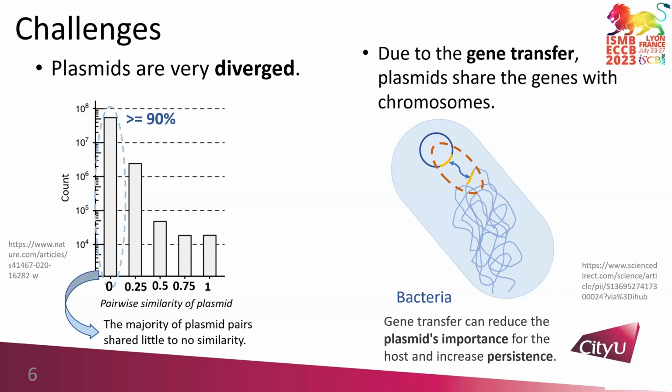The left bar is the number of pairwise alignments which is 0, which means the majority of plasmid pairs share little or no similarity. Another challenge is that, due to gene transfer, plasmids share genes with chromosomes, which makes it more difficult to distinguish plasmids from chromosomes.